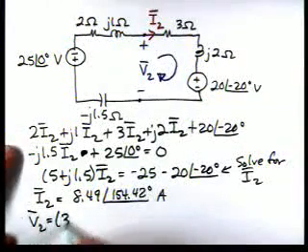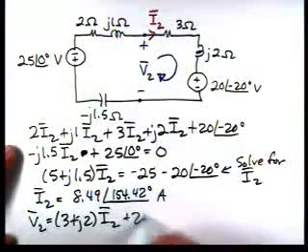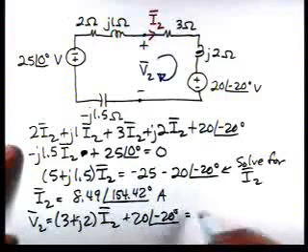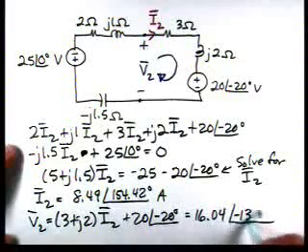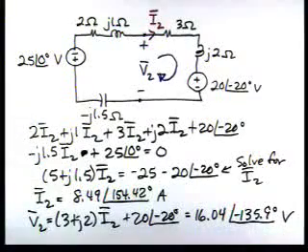V2 is 3 plus J2 times I2 plus 20 at an angle of minus 20. And that's 16.04 at an angle of minus 135.9 degrees. So there's V2 and I2.